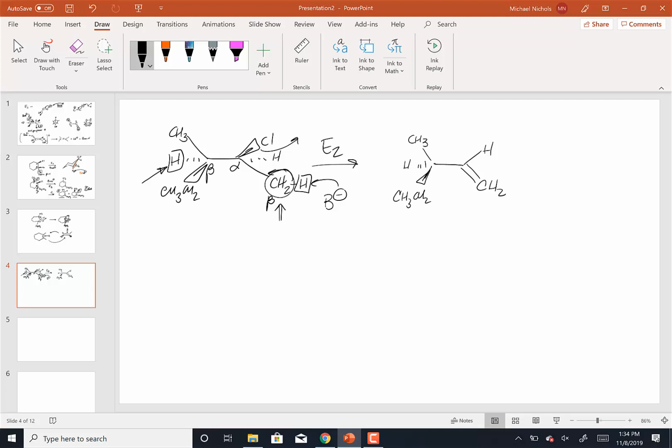Well, if you can see that it's anti-periplanar to the chlorine, that's great for you. But if you can't, here's what we need to do. We need to rotate the left and right carbons to put the hydrogen here and the Cl group there. Can everybody see that that's anti-periplanar?